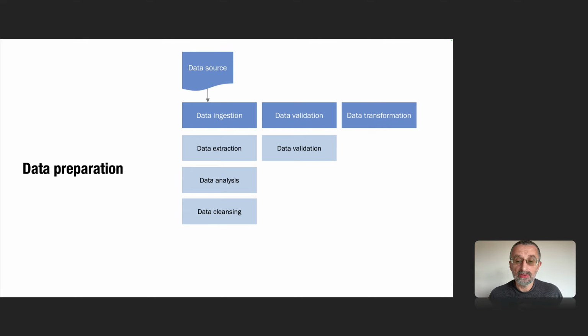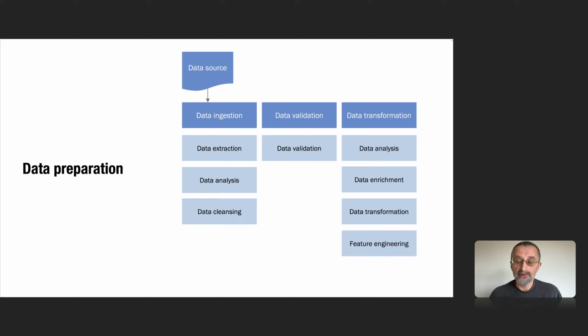For data validation, you have a data validation stage to track whether the incoming data during the training and during the inference comply with the rules you have, for example, the data on which the model was trained. And for data transformation, you have data analysis, data enrichment, data transformation, and feature engineering.